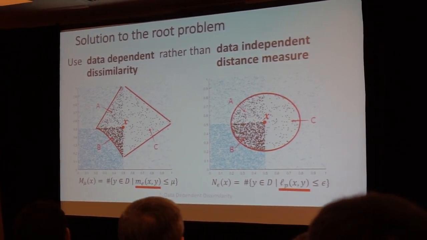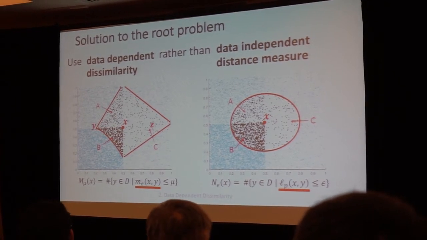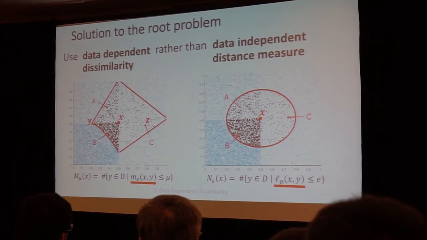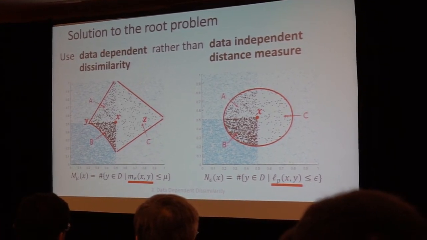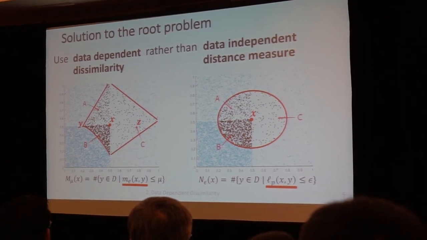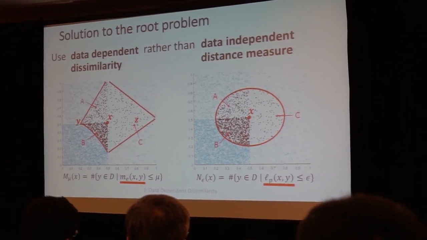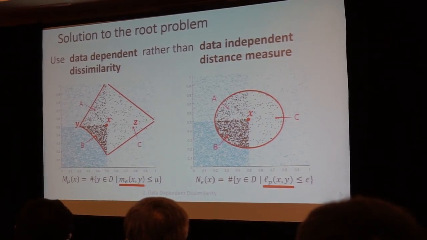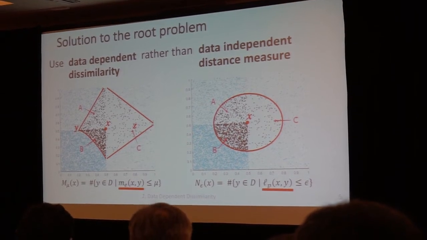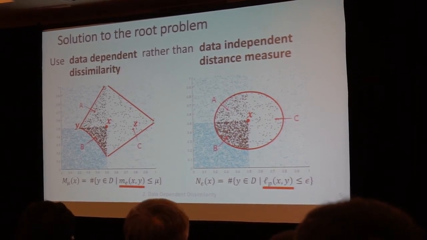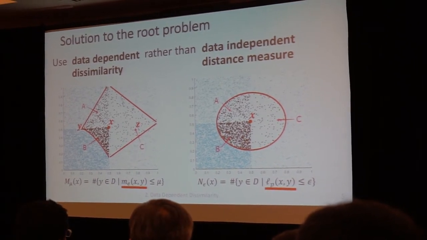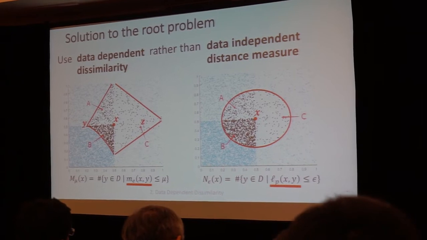Also, what that means is that if you have two equidistant points, for example z here, z is now more similar to x than y is to x, although both of them have the same distance to x. That is the key difference between using a distance measure and a data-dependent dissimilarity measure.